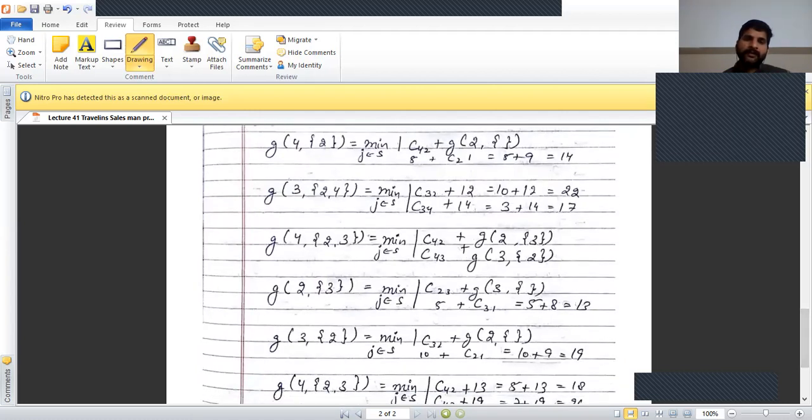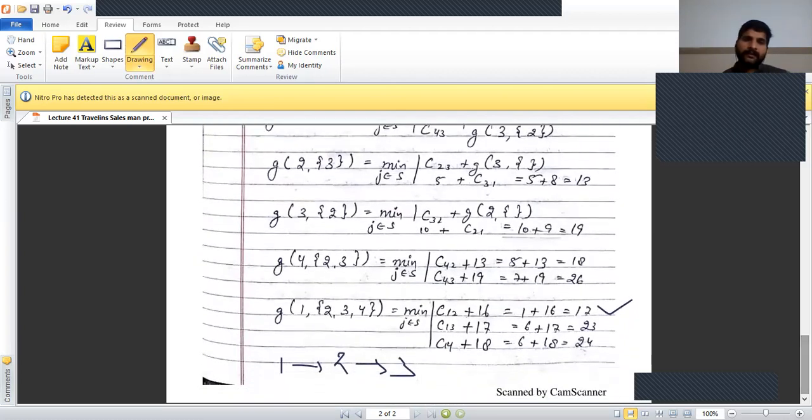After calculating the value, the path is 1 to 2, 2 to 3, 3 to 4, and 4 to 1. By default this sequence. Now we check the total sum equal to 1 to 2, 2 to 3, 3 to 4, 4 to 1.